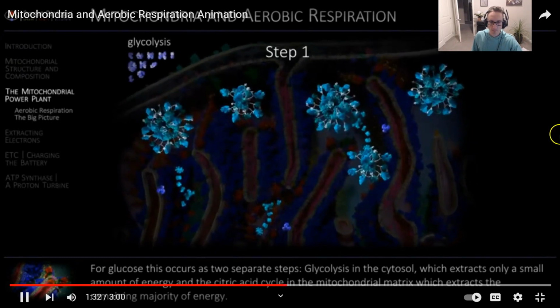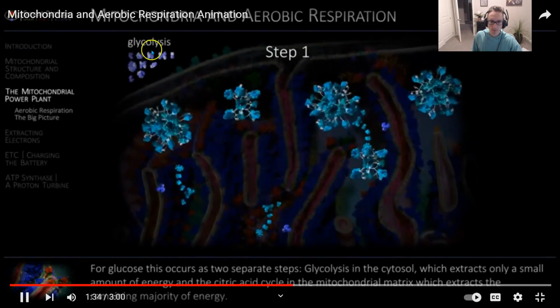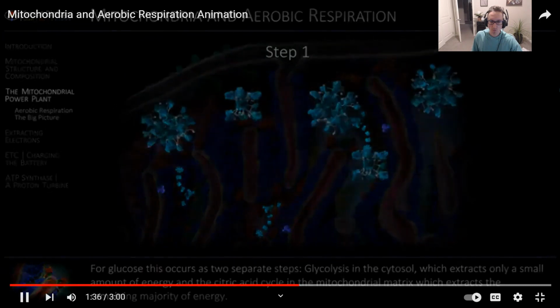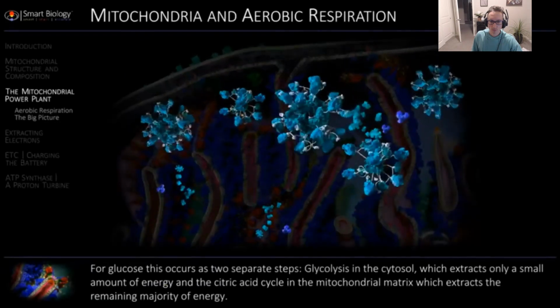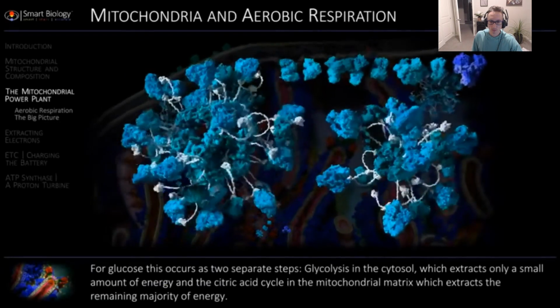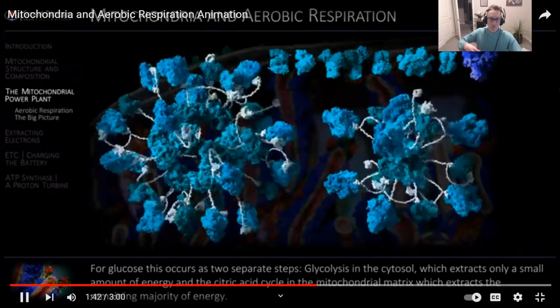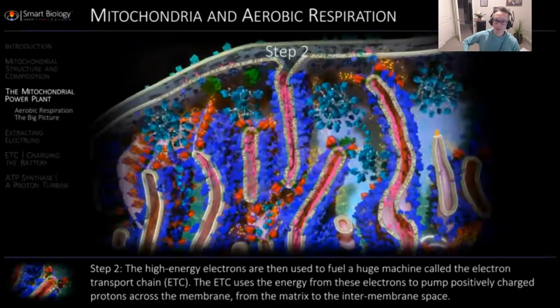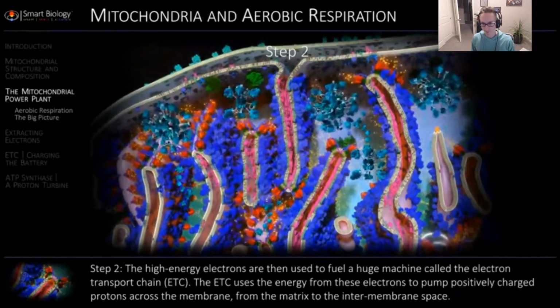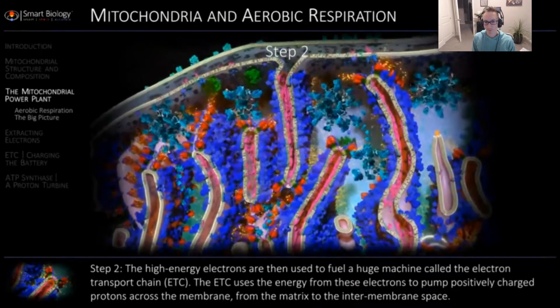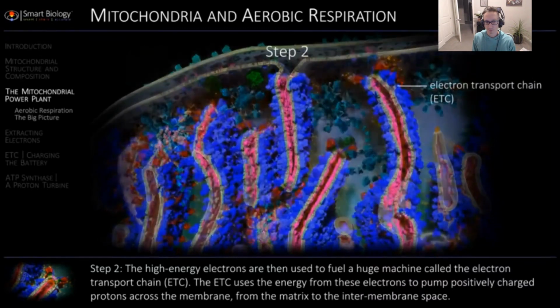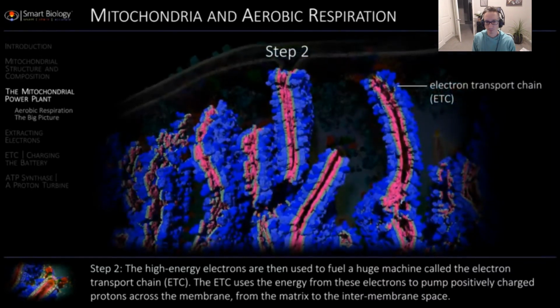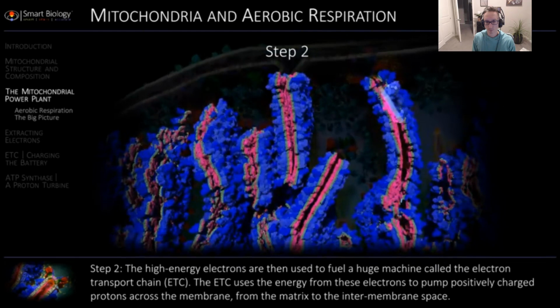Glycolysis in the cytosol extracts only a small amount of energy, and the citric acid cycle in the mitochondrial matrix extracts the majority of energy. The high-energy electrons are then used to fuel a huge machine called the electron transport chain, or ETC.